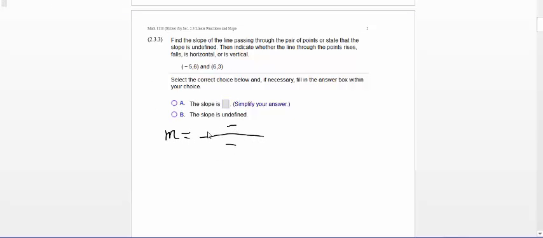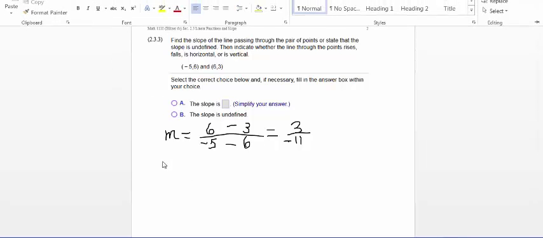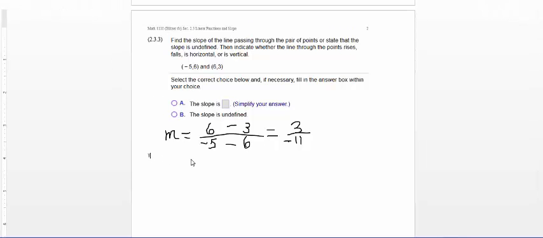So we're using our difference quotient to find the slope. We subtract the y's in the numerator and the x's in the denominator. And we make sure whatever y came first in the subtraction, its x is first in the subtraction in the denominator. And so we wind up with a slope of 3 over negative 11.